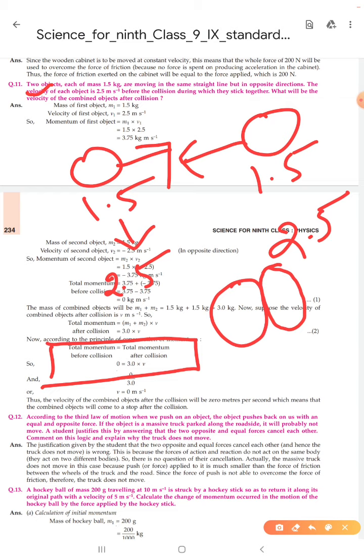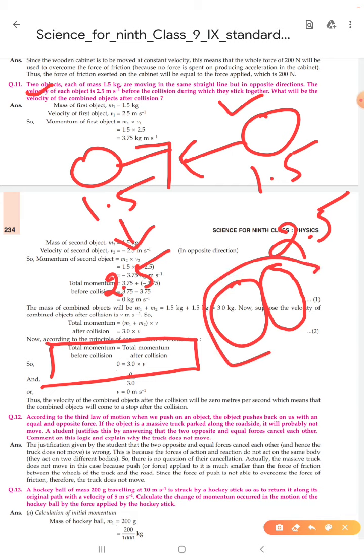They will collide, and after collision they are sticking. They stick together like this, and after combining, what should be the velocity of this object?